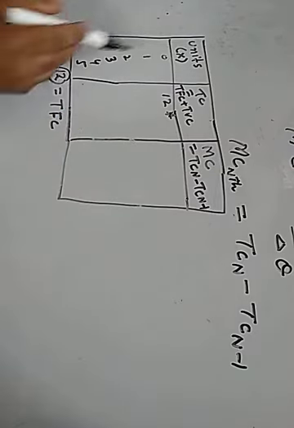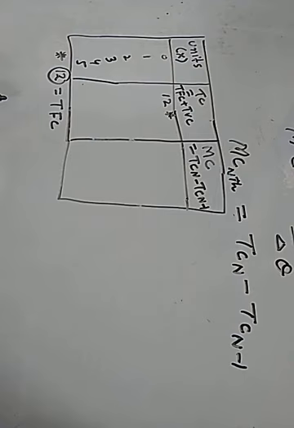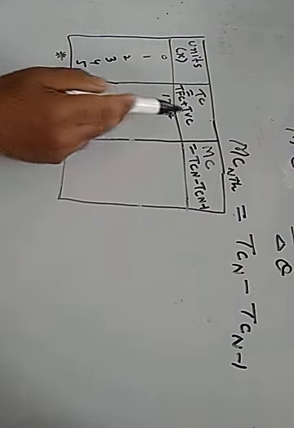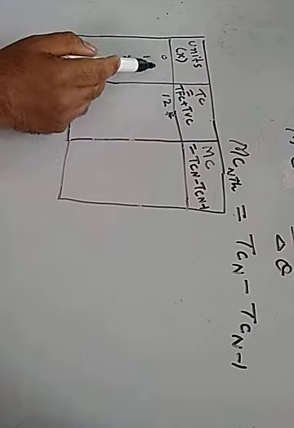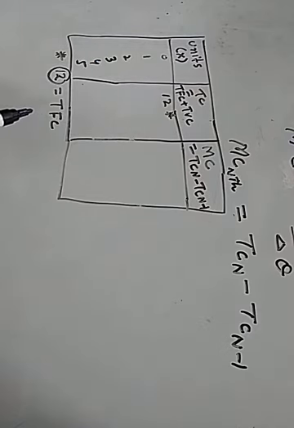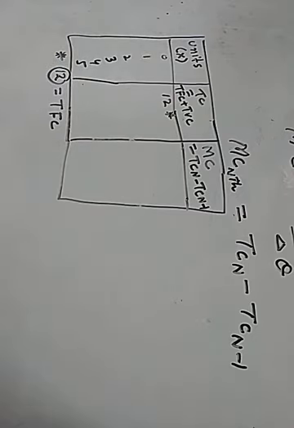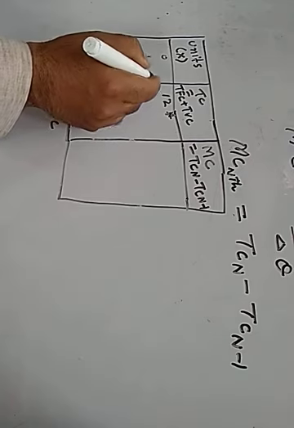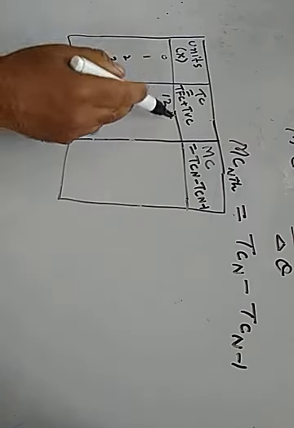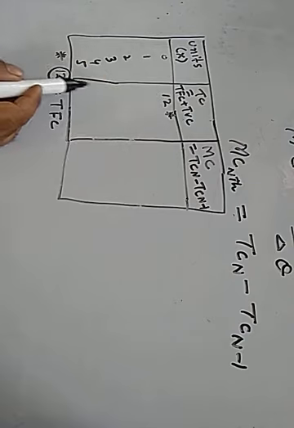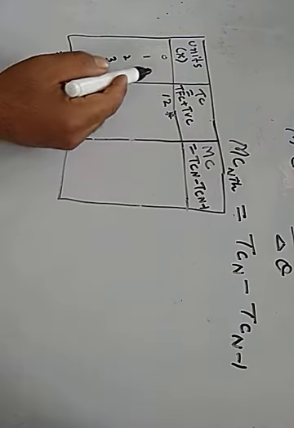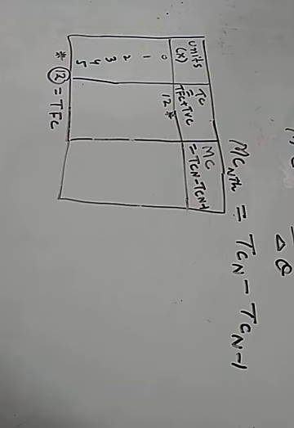And variable cost will be 0, because variable cost changes with the level of output; that's cost of labor, cost of raw material. When no unit of output is produced, means no units of labor is used, no raw material is used, therefore there is 0 total variable cost. This is only fixed cost equal to 12 rupees. Then when the units of commodity X produced increase, the total cost will increase, because this fixed cost will remain the same, but there will be change in total variable cost, because change in the units of labor, change in the quantity of raw material, will change the cost of the producer.